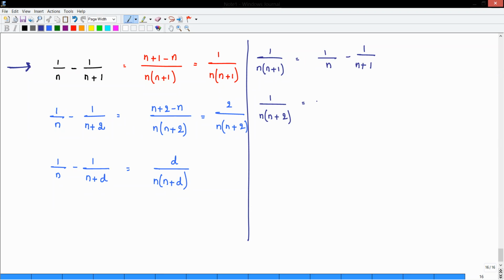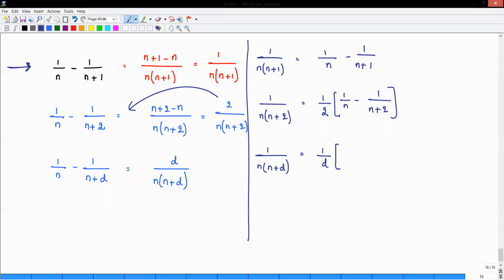This 2 is missing, right? So this 2 you send it this side. So it becomes 1 by 2, same 1 by n minus 1 by n plus 2. Suppose if the difference is d, still you have n into n plus d here. This is how we write it.